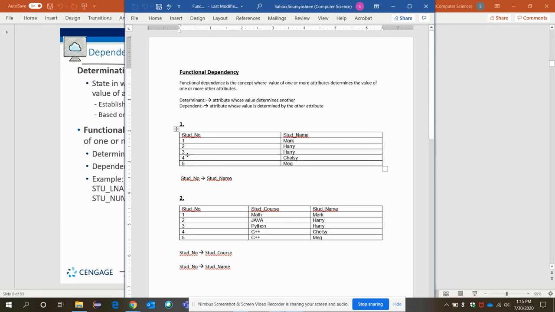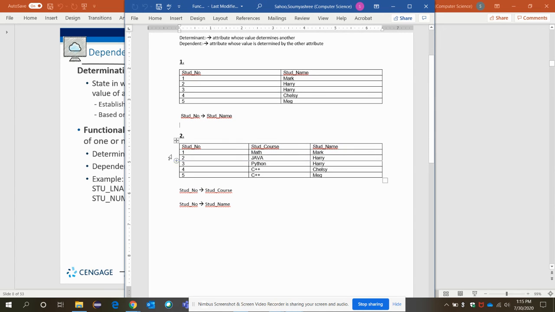This is a problem. Because of this, the student number will be considered the key rather than the student name. The given functional dependency is: student number tends to student name. So student name is the dependent and student number is the determinant.